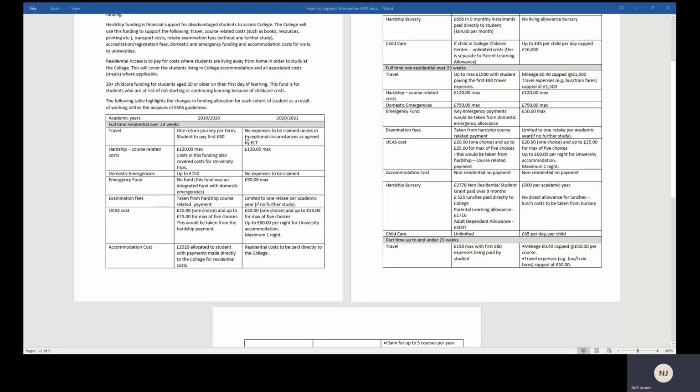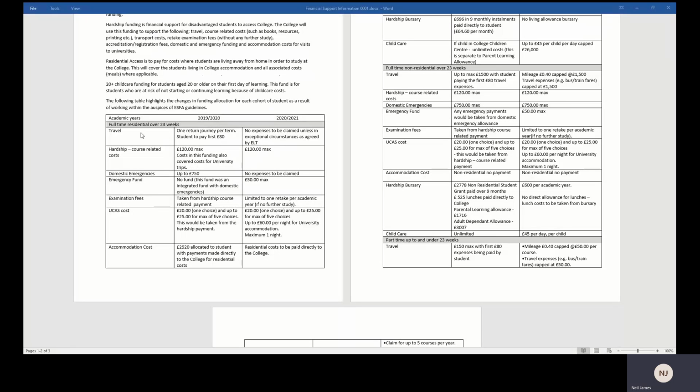So, in previous years, travel expenses under AEB funding, for full-time students who are residential, we previously would pay up to £80 for one return journey. We are currently not giving any expenses out unless agreed by ELT in the first instance.